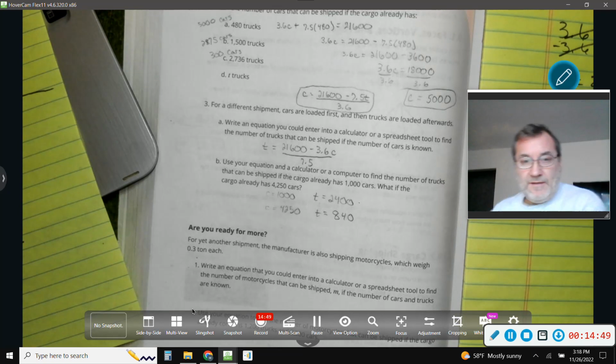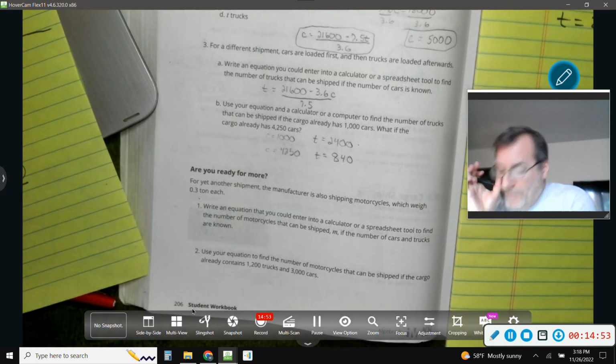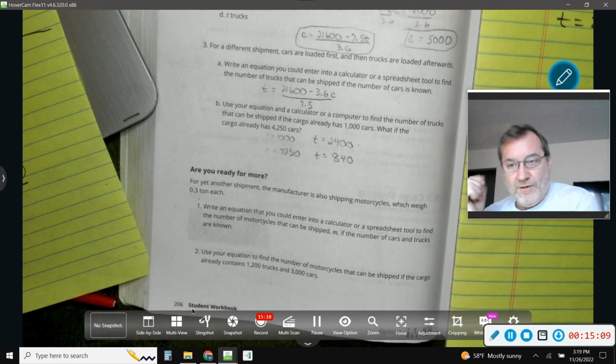All right. It says down here, are you ready for more? For yet another shipment, a manufacturer is shipping motorcycles which weigh 0.3 tons each. So that's about 600 pounds, which makes sense. Write an equation where you could enter in a calculator or a spreadsheet tool to find out the number of motorcycles that can be shipped M if the number of cars and trucks are known.